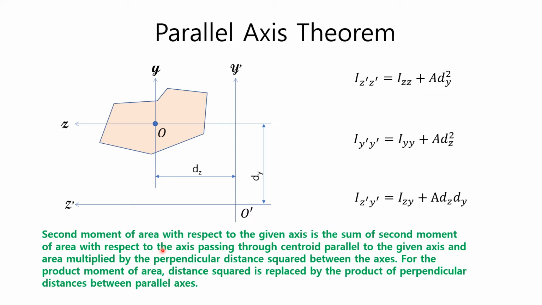The second moment of area with respect to the given axis is the sum of the second moment of area with respect to the axis passing through the centroid parallel to the given axis, and the area multiplied by the perpendicular distance squared between the axes. For the product moment of area, the distance squared is replaced by the product of perpendicular distances between parallel axes.